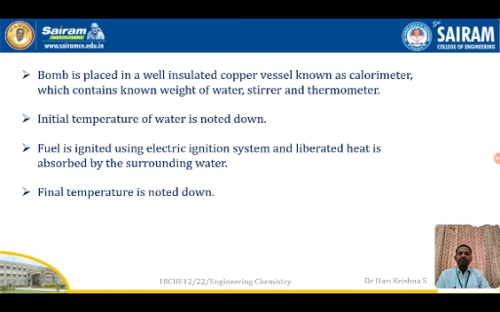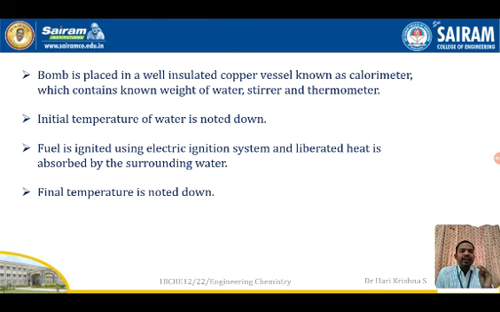Before igniting the fuel, the initial temperature of the water is noted down. The fuel is ignited using the electric ignition system. When the fuel is ignited, what will happen? Combustion occurs. A known weight of sample will be taken, which might be a liquid or a solid.